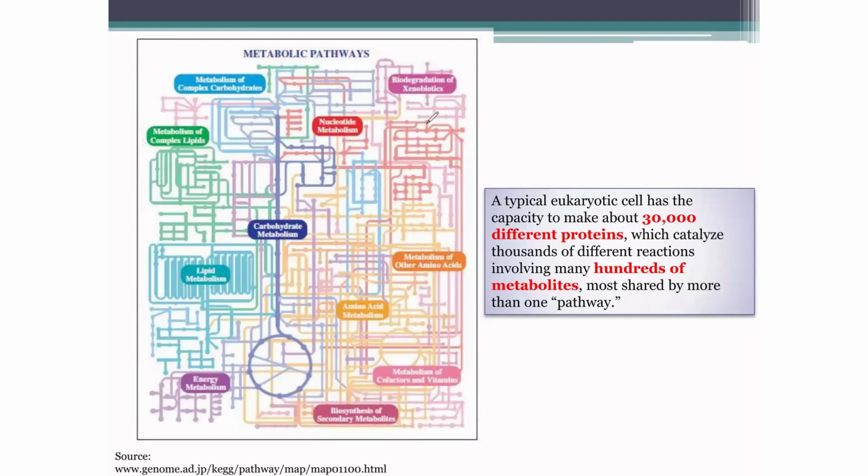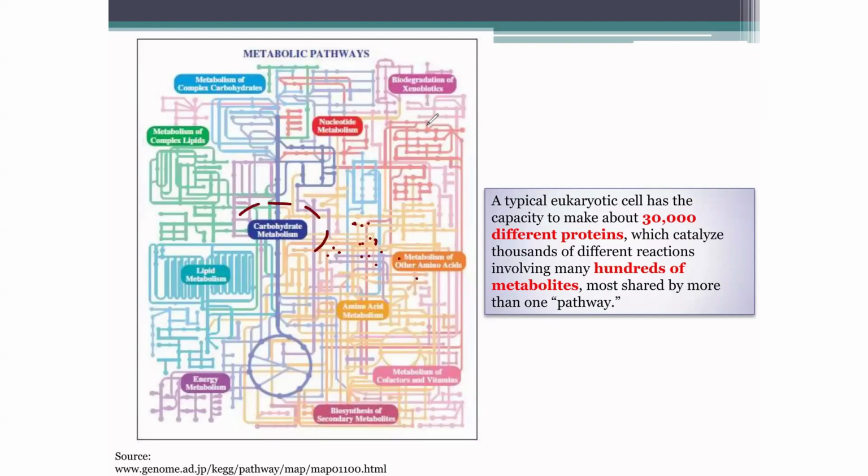As a result, those thousands or hundreds of reactions that are catalyzed by these proteins also have to be properly regulated. And that is why, if you look at this metabolic map, all these things that you are seeing are different reactions.